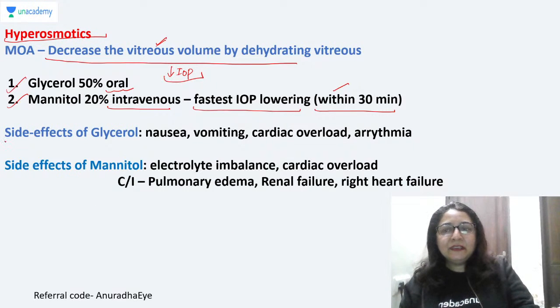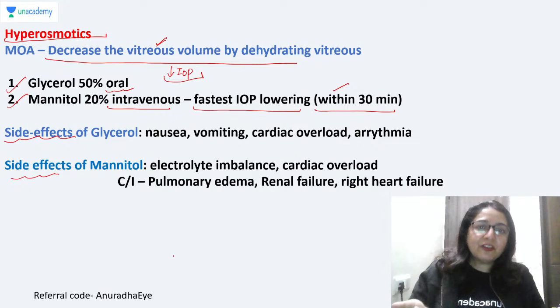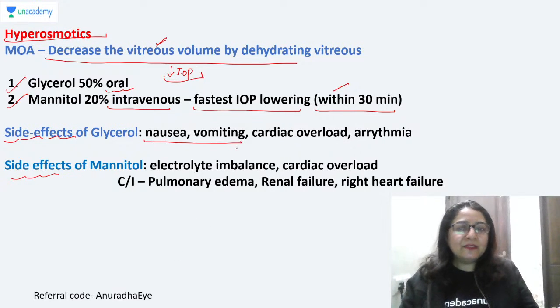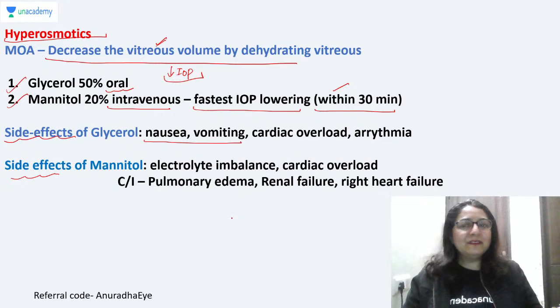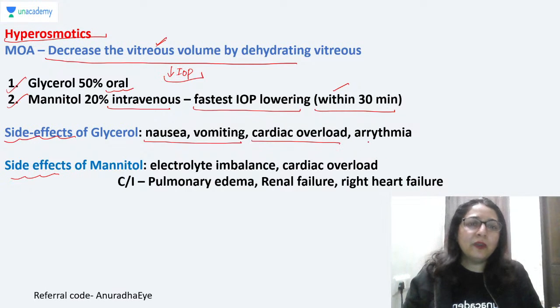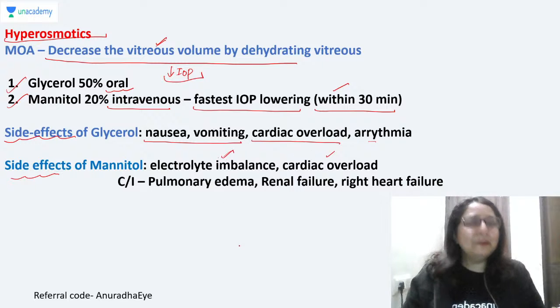But both of these have multiple side effects because of the action of hyperosmosis. Number one, glycerol is not good to taste. It causes nausea and vomiting. Due to their hyperosmotic action, they can cause cardiac overload as well as arrhythmias. Similarly, mannitol can cause cardiac overload and electrolyte imbalance.